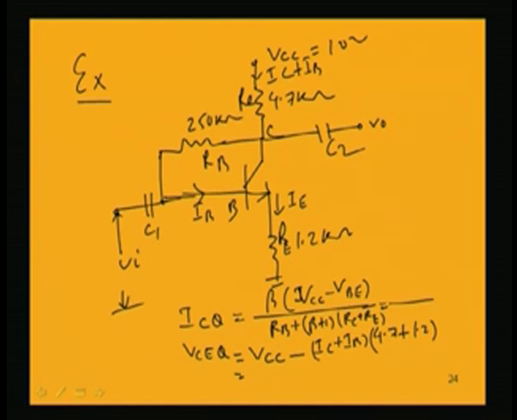Now we can find IC first. Beta is 90, so putting in the values: 90 times (10 minus 0.7), divided by RB of 250 plus beta plus 1, being 91, times (RC plus RE), where RC is 4.7 and RE is 1.2.